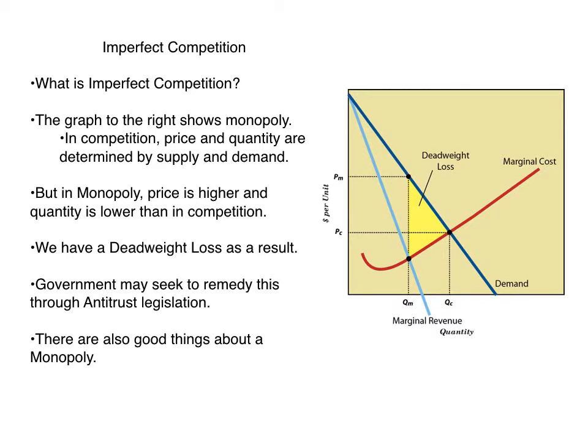So, drug companies oftentimes get a patent for their product, and that's an incentive for them to come up with the drug in the first place. And that patent, in essence, is a monopoly. Okay, let's see what else we've got in the slide.